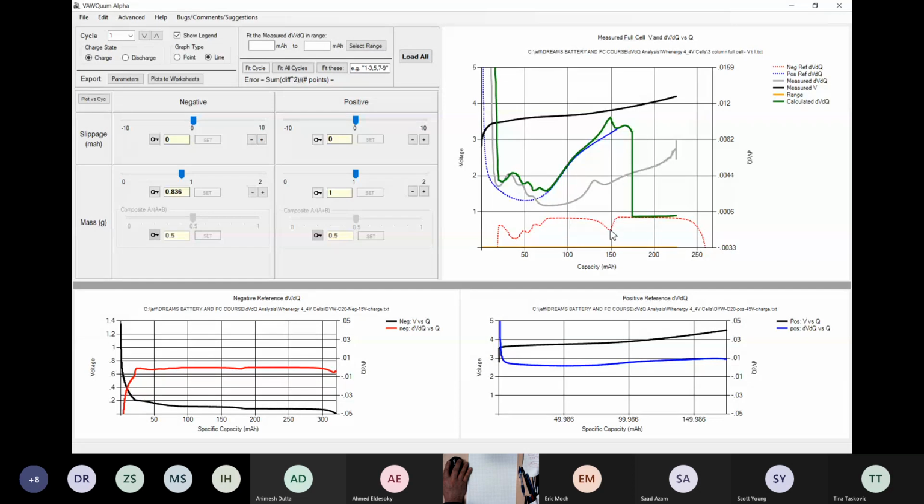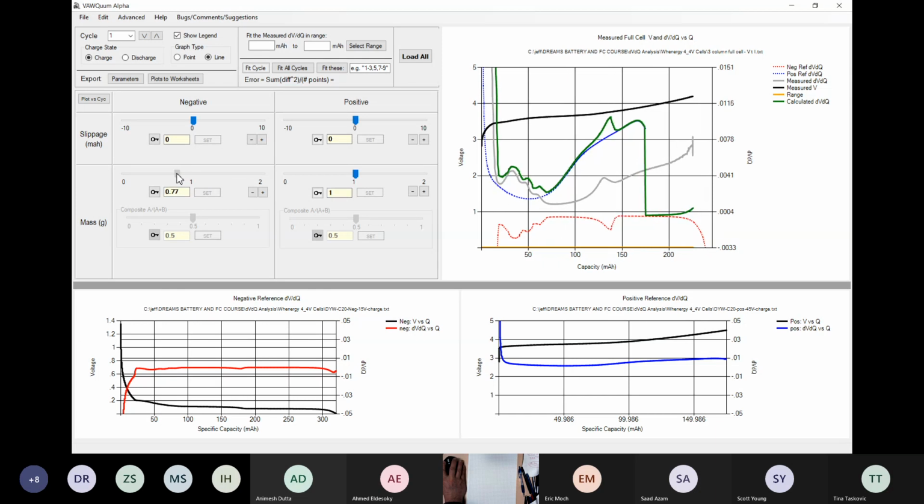This is where you have pure stage 2 in the graphite. The voltage drops down and you get a little bump in DVDQ. So I want that to line up, so I'm going to adjust the negative mass. Now that thing is lined up roughly with that thing.